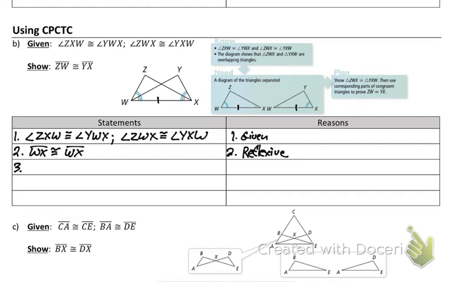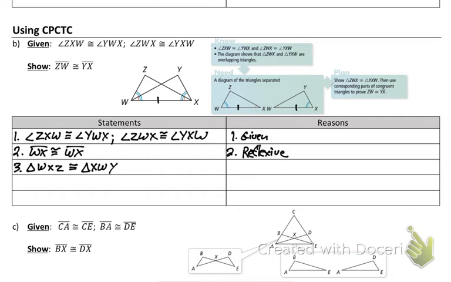Step 3: I have angle, side, angle, so I can say these two triangles are in fact congruent. So my step 3 can be triangle WXZ is congruent to XWY.